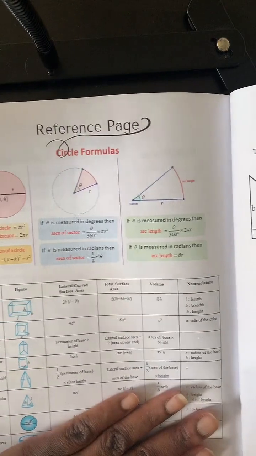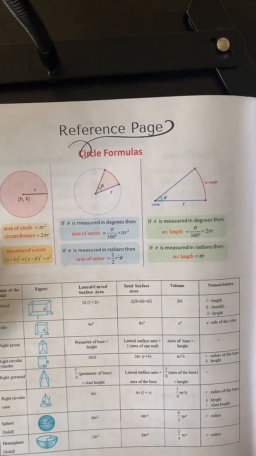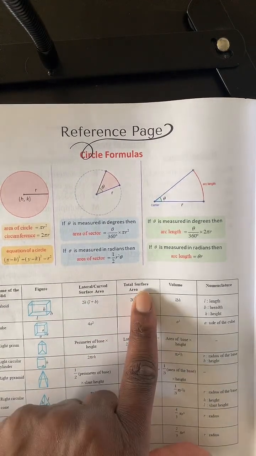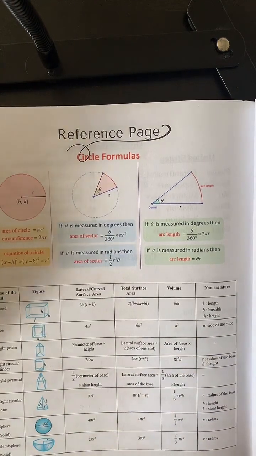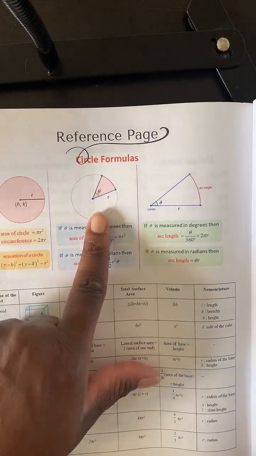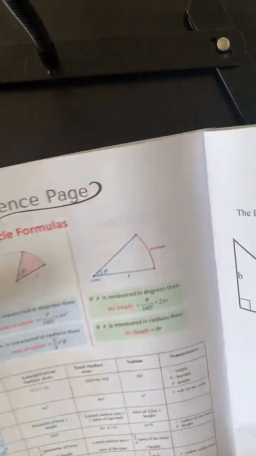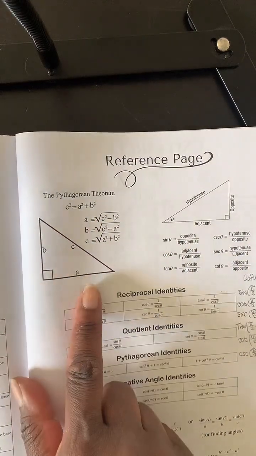But then I start getting more advanced. Then we start looking at not only volume, we're looking at surface area. We're looking at total surface area. What are those formulas? Okay, we're looking at the area of the circle as well as sector and arc length. Then we get a little bit more tactful with the Pythagorean theorem.